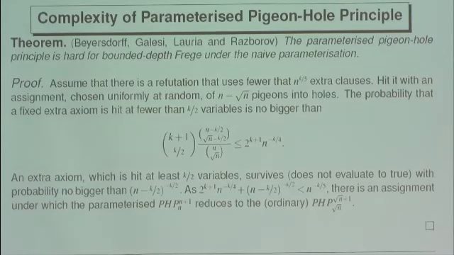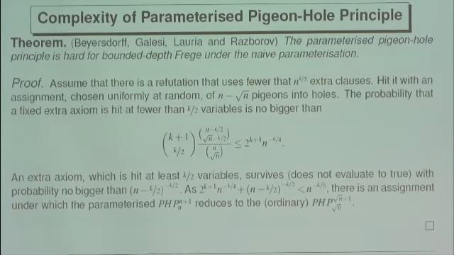They figured out that with high probability, such a random partial assignment would kill all the extra clauses. Killing them in this context means they will evaluate to true.